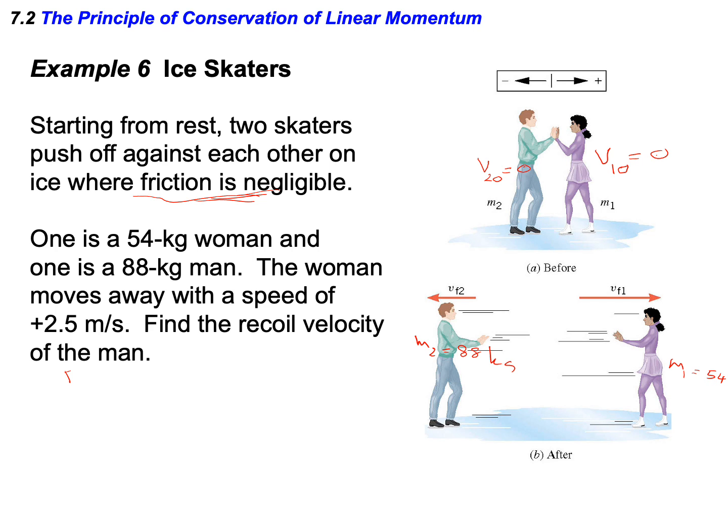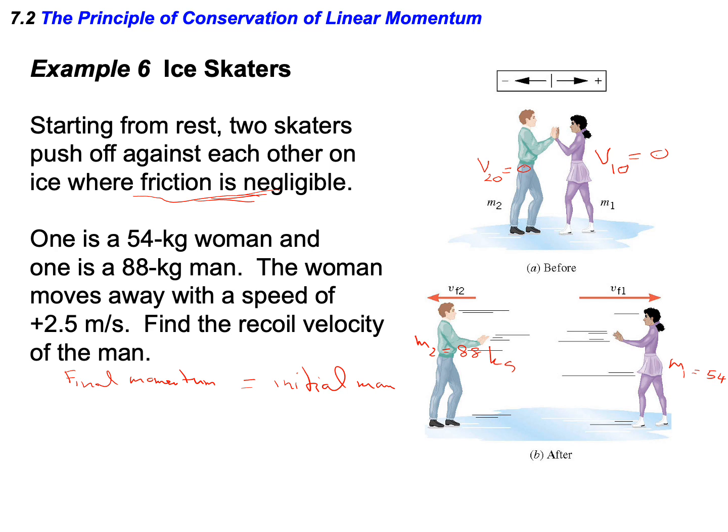So final momentum is equal to initial momentum of the system. System means the man and the woman.